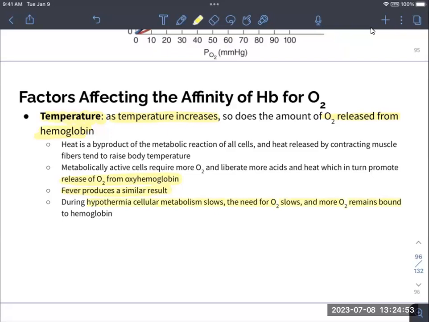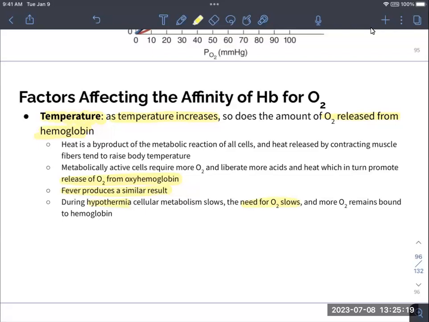Hypothermia, that's a new one. Hypothermia, you're really cold. That cell metabolism just gets slower and slower. So if your cell metabolism gets slower, the need for oxygen decreases.